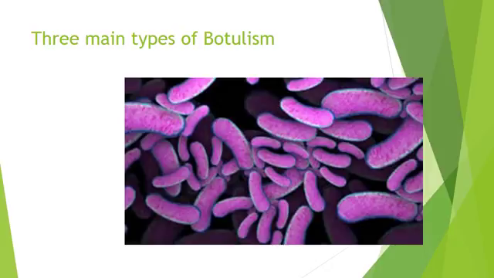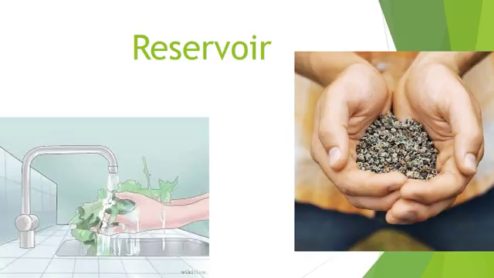There are more than 3 main types of botulism, but these are the most common. I found 5 main types, but the other 2 are usually just subtypes of one of these 3. So there's foodborne botulism, wound botulism, and infant botulism. Reservoir. Where do they live?